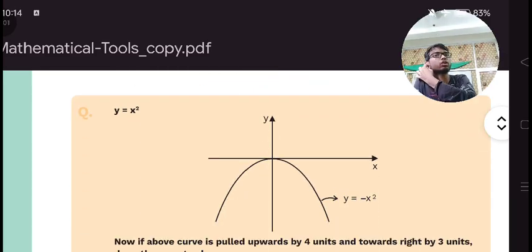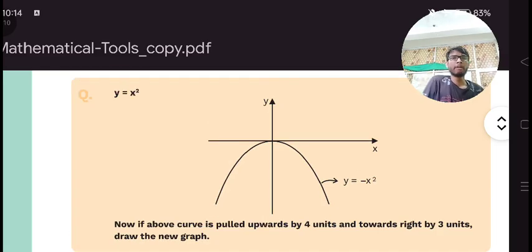Next graph, y is equal to x square. This is the graph.